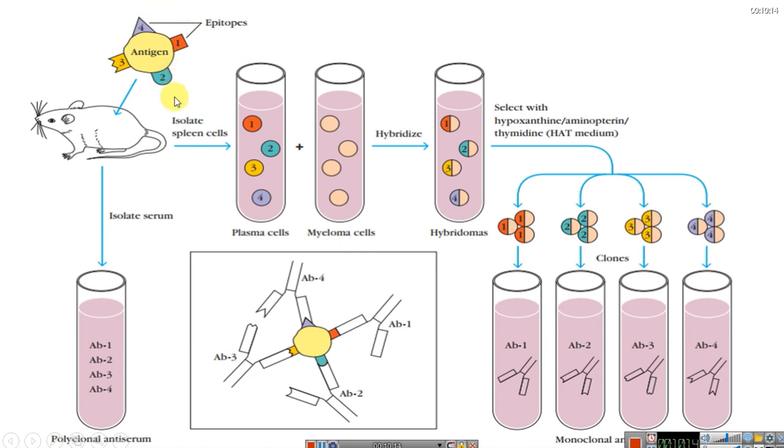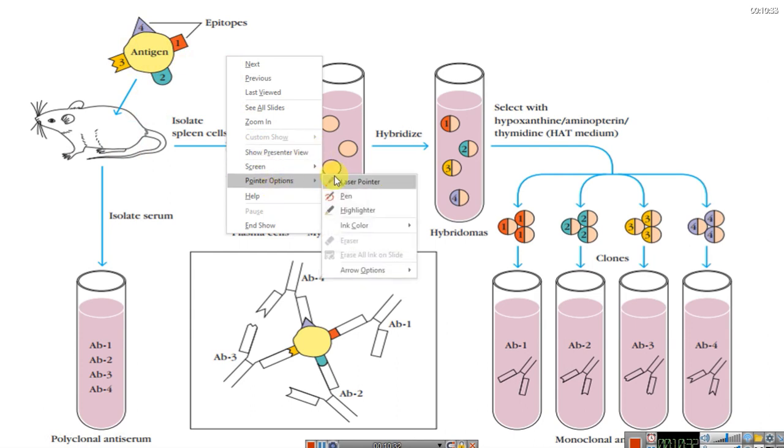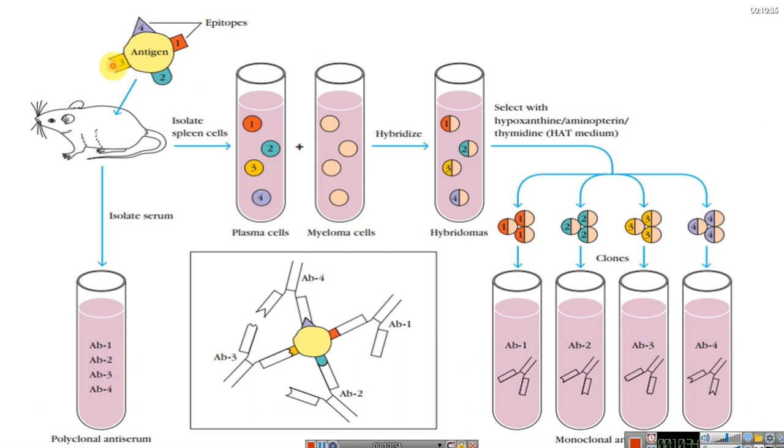For example, if we have an antigen that has epitopes 1, 2, 3, 4, and we immunize the mice with this particular antigen, the mouse will produce different antibodies. It will produce antibodies against antigen epitope 1, 2, 3, and 4, right?